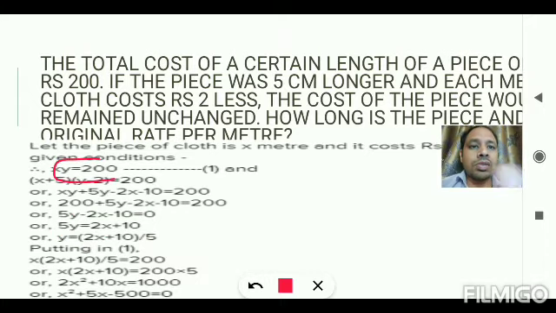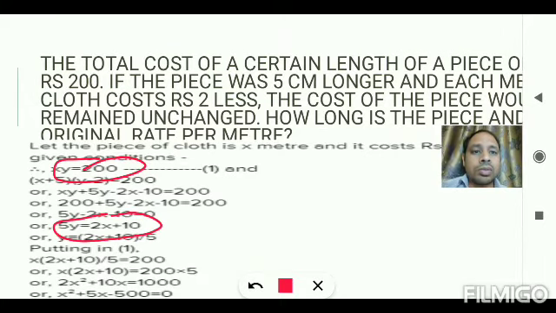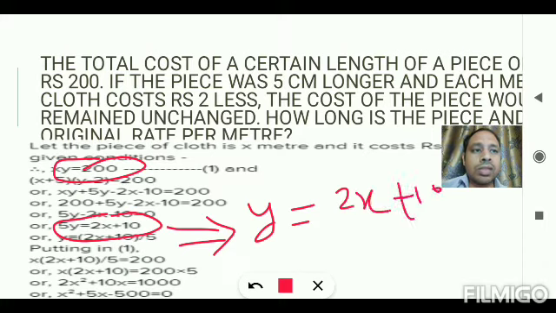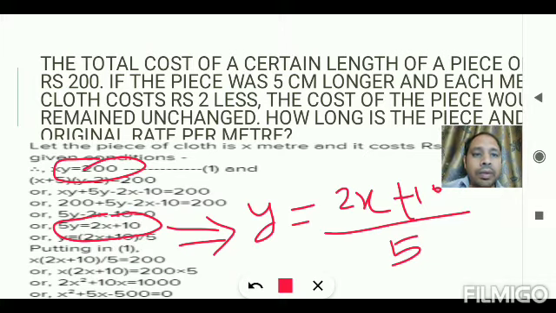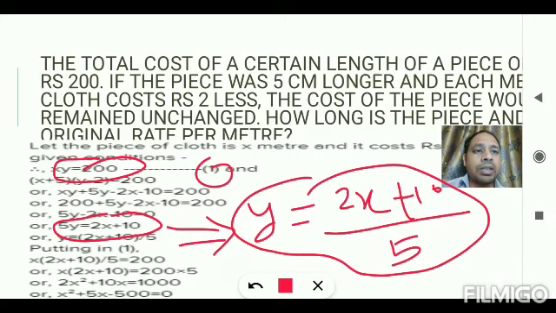But xy equals to 200, and here we got 5y equals to 2x plus 10, and if you further write this one, you will get y equals to 2x plus 10 divided by 5. We have given this as equation number 1. Now we are substituting the value of y.